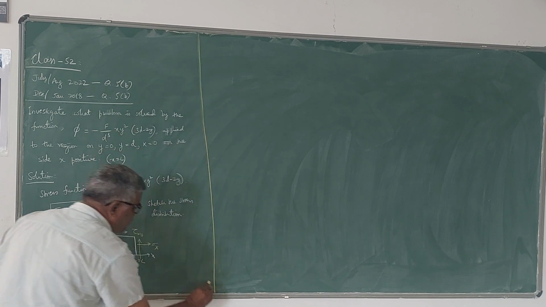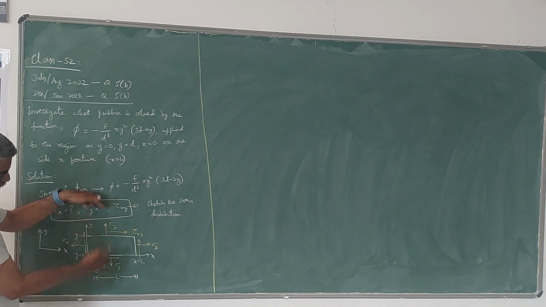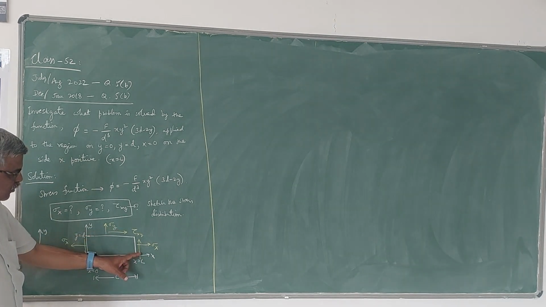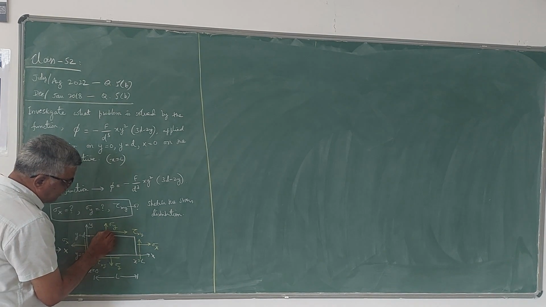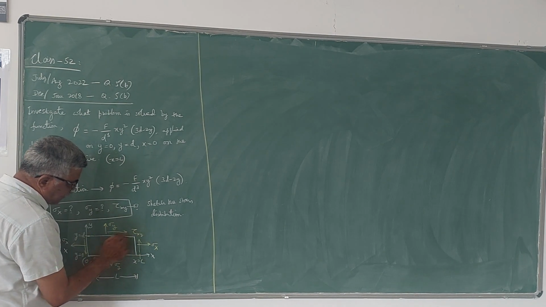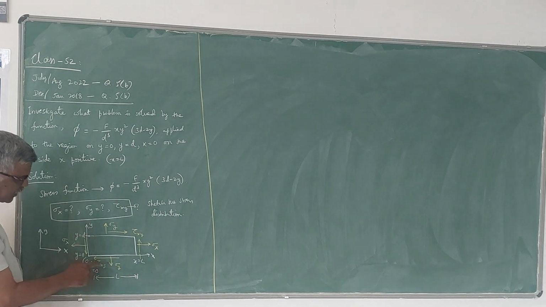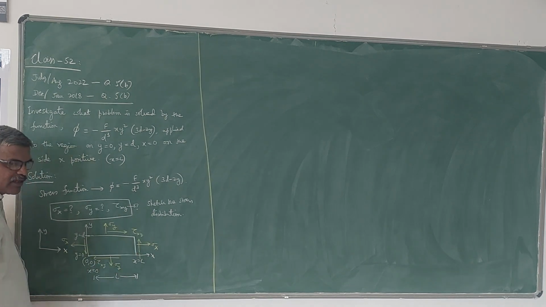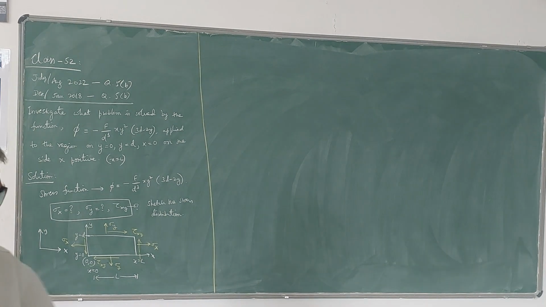In a two-dimensional stress system, three stresses will be there: sigma x in x direction, sigma y in y direction, tau xy is the shear stress. Tau xy will be acting on all four faces. If tau xy is like this on the upper face, it will be in the opposite direction on the lower face. Similarly here, these two should join here. So here it will be downwards, here it will be upwards, like that. So three stresses will be there.